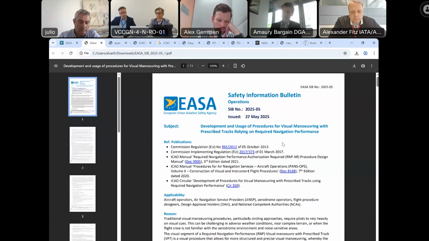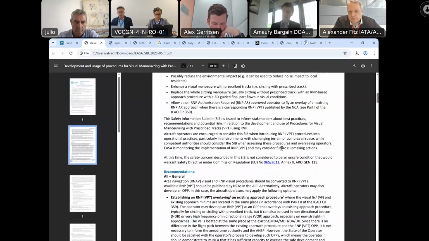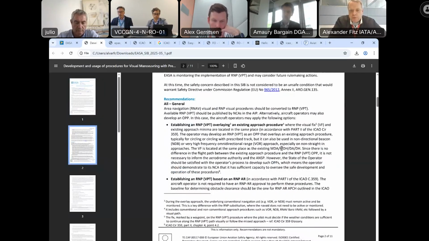So we included in the operations manual that we use these procedures in the visual part, so in the VMC part of the procedure. But of course, there is no ops spec for it, so there is no specific approval yet for RNP VPT. But I guess it's really important to include it in the operations manual of the AOC. So that's very good progress and also in line with the SIB.